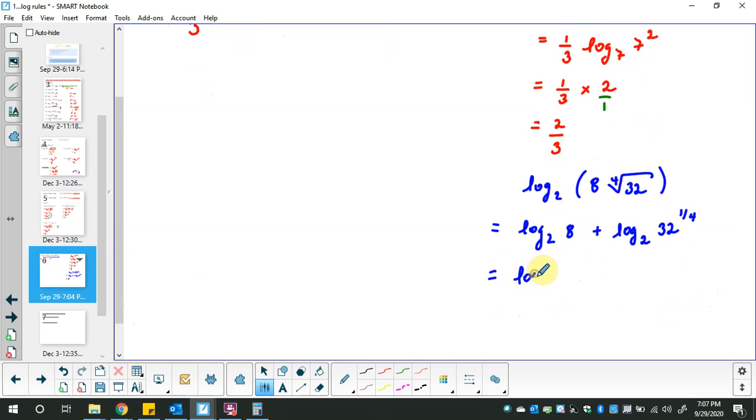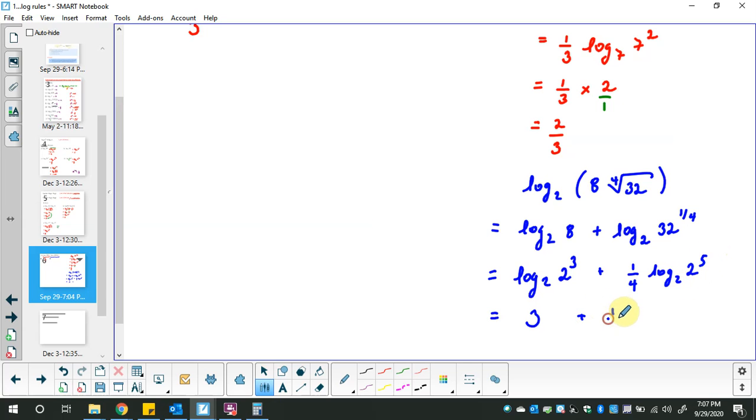So log base 2 says turn 8 into a 2. So that's 2 to the 3, which means this part of the answer is 3. Plus, I don't want to look at that 1/4 up there, so drag it down here. And then I'm going to write 32 as 2 to the 5, because that's a really good replacement.